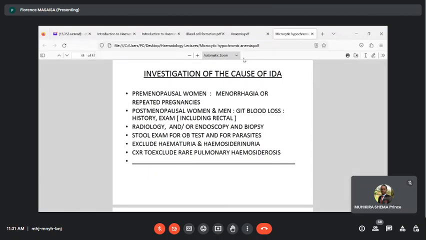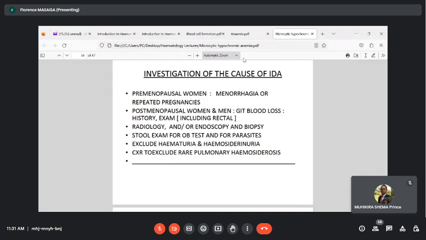So for people who are in the age of hemorrhage, before the menopause, those are females who may present with heavy menses, bleeding from the genital area.